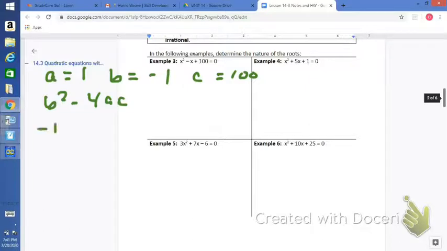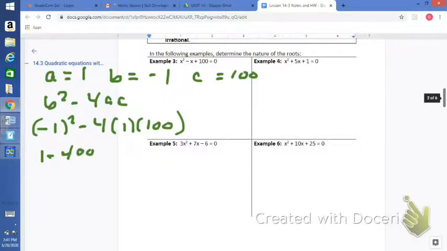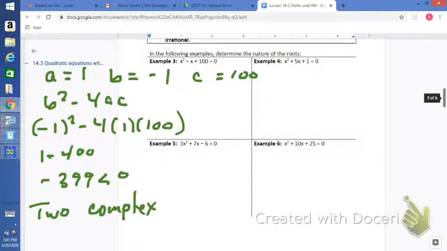So you're going to get negative 1 squared minus 4 times 1 times 100. Negative 1 squared is 1 minus 400. So you're going to get negative 399. Negative 399 is less than 0. So you're going to have two complex conjugate roots.